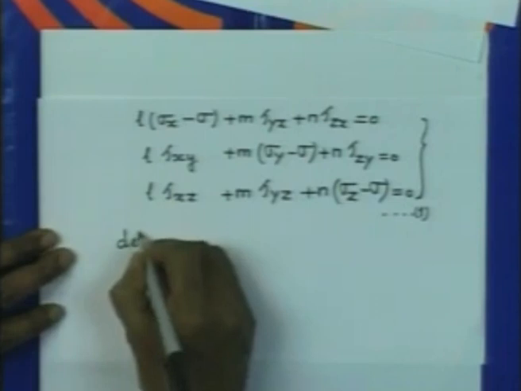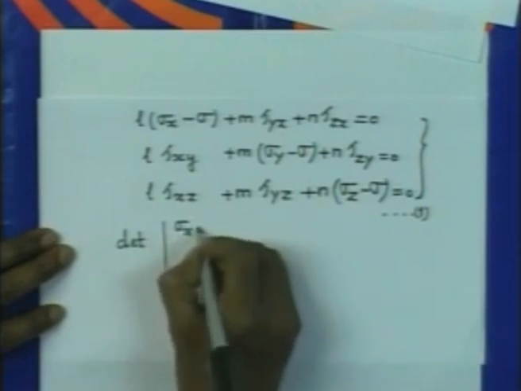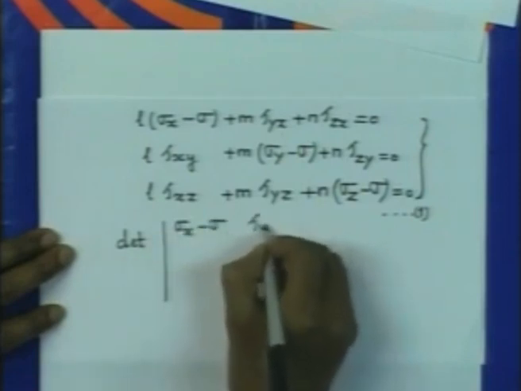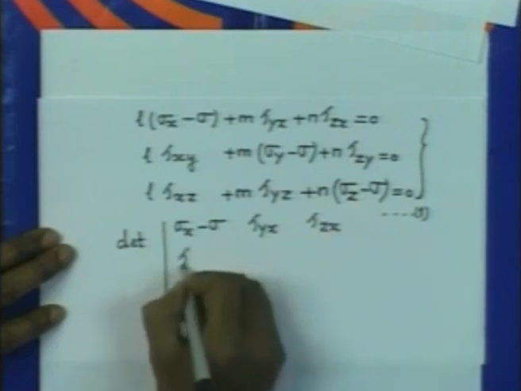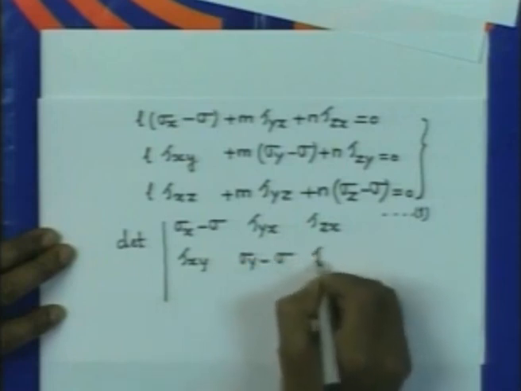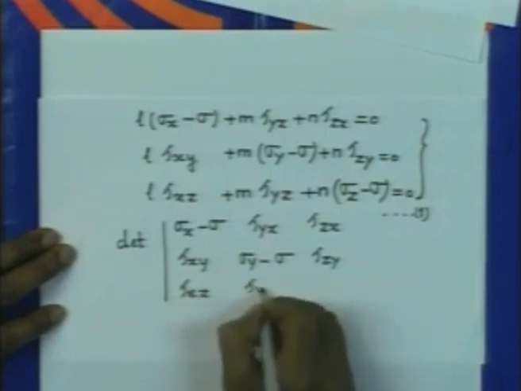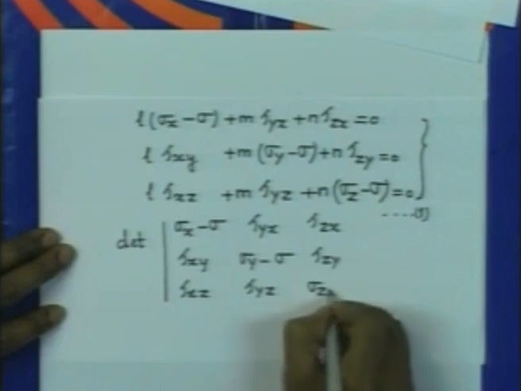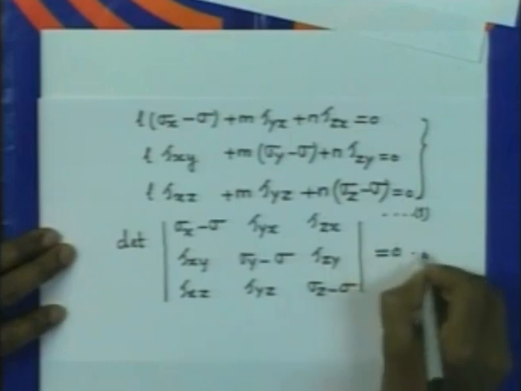Determinant of the coefficient matrix, which is nothing but sigma x minus sigma, tau yx, tau zx; tau xy, sigma y minus sigma, tau zy; tau xz, tau yz, sigma z minus sigma. So, this determinant must vanish. So, it should be equal to 0. So, this is the characteristic equation.